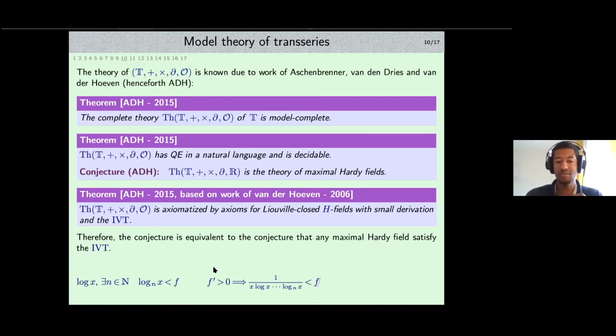That is, you have some initial subsets for the order that don't have a supremum, that are holes in transseries, which corresponds to the fact that transseries are closed under many equations.